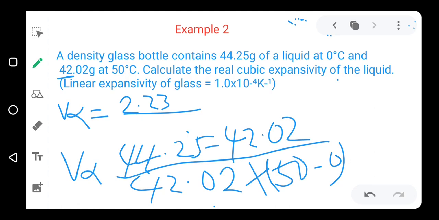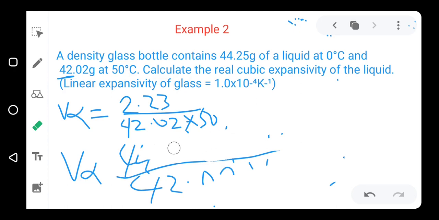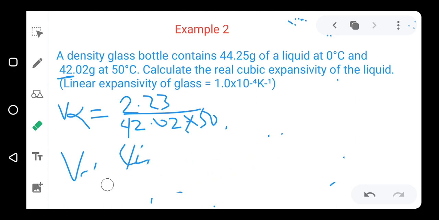That gives us 42.02 times 50. That is, 50 minus 0 is 50.